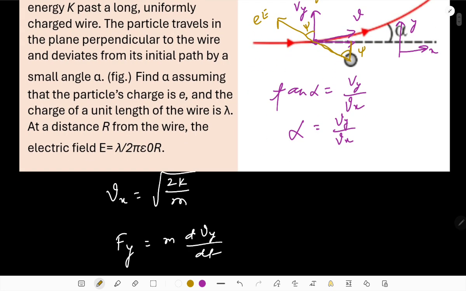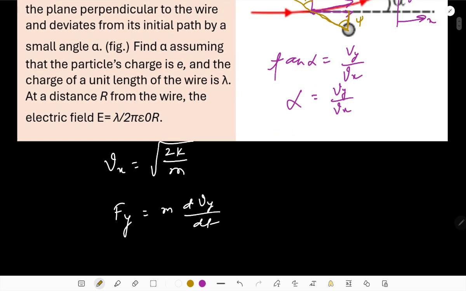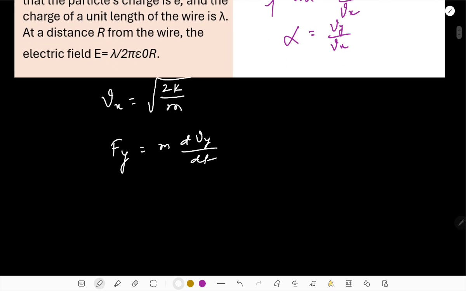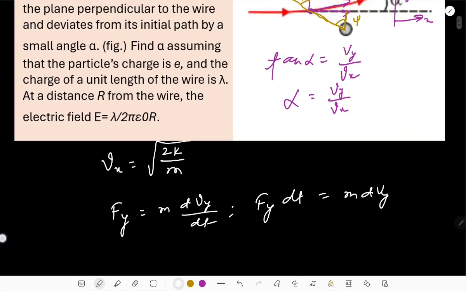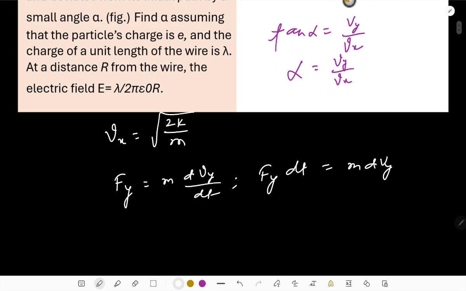So I can write this equation simply as Fy dt equals m dvy, and Fy I can write as eE cos psi.